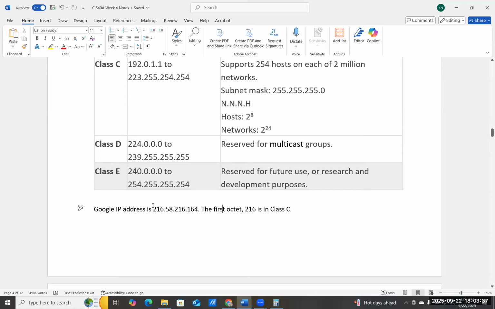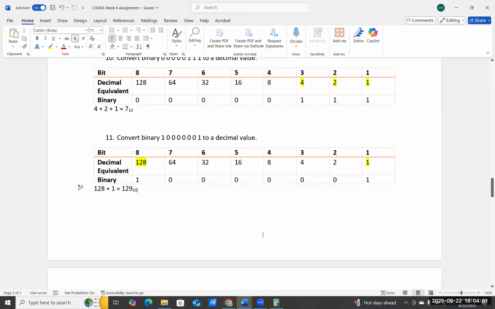Now Google has multiple IP addresses. If it's like 216, that's a class C. But if you look at Google's range of IPs that's given to them publicly, it's 8.8.8.8. They hide that now. I think before you could see a lot of it online.